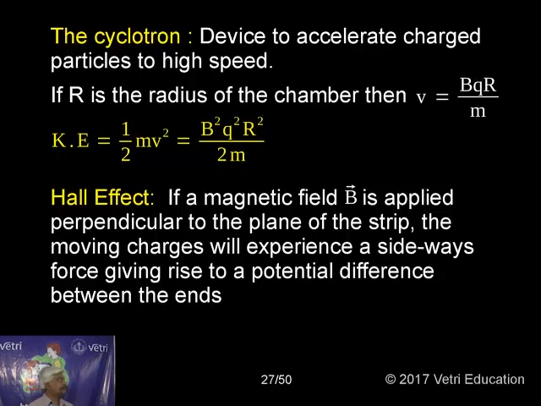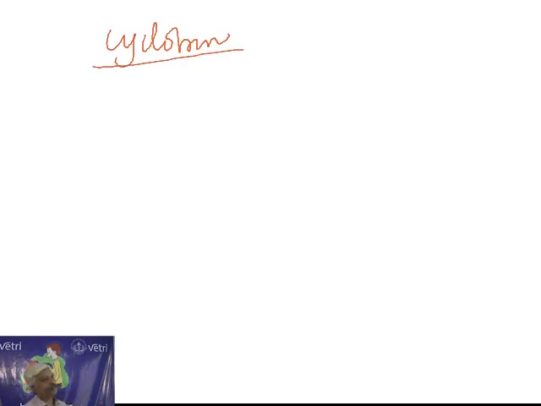Then the cyclotron. The cyclotron is another effect of the magnetic field on a moving charge. What is a cyclotron? A cyclotron is an instrument used to accelerate particles, from which any amount of energy can be gained.